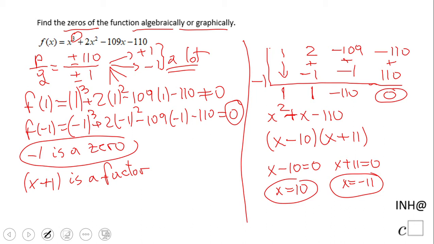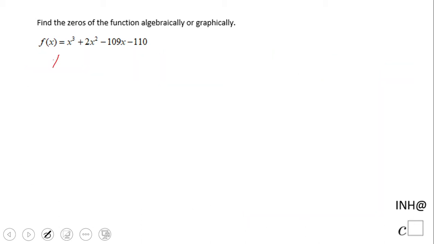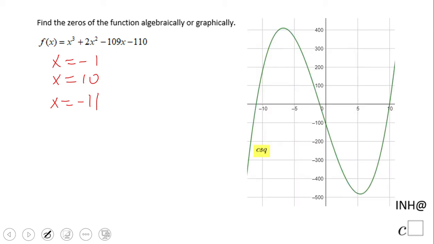I'm going to clear this screen now. Remember the zeros. In fact, I'm going to put them again. So there were x equals negative 1, x equals 10, and x equals negative 11, using the algebra. Now I want you to take a look at this picture.